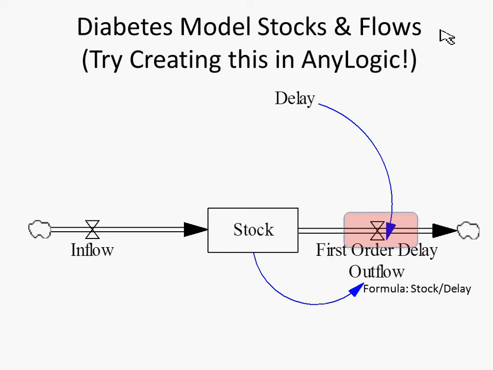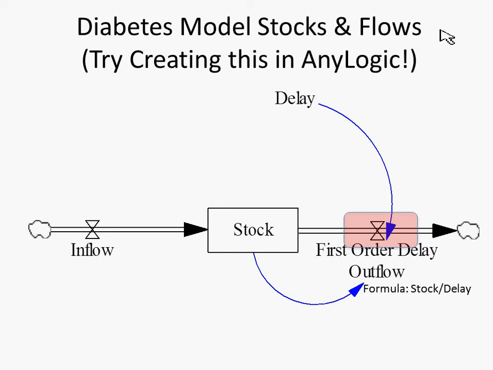And their chance of having remained in that stock for time t is again given by e to the minus alpha t. Alpha here is 1 over delay, so it's e to the minus t over delay.